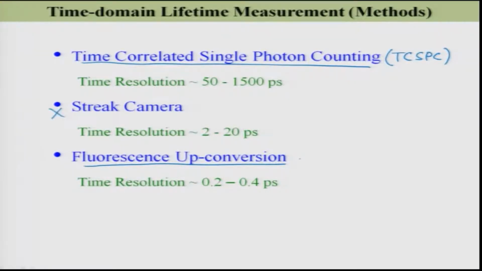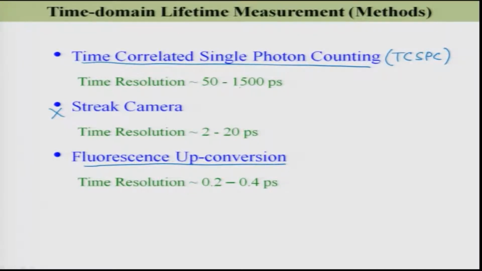Okay, so let us compare the time correlated single photon counting setup and the fluorescence upconversion setup. Each setup has its own benefit and also some limitation. For example, in the time correlated single photon counting method, the time resolution, or the IRF, is not very high.